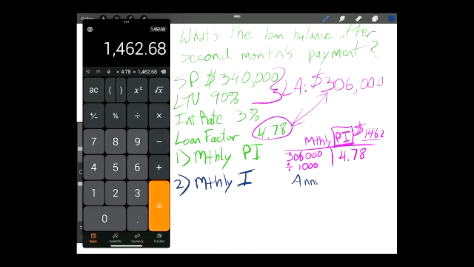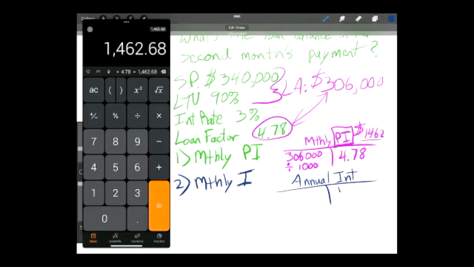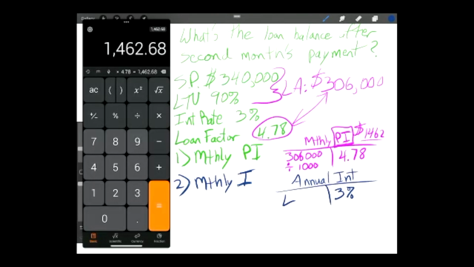Annually, that's the rate. And I told you the rate is 3% times the loan amount. The loan amount is 306,000. We're just multiplying those two things together. So our annual interest is $9,180.